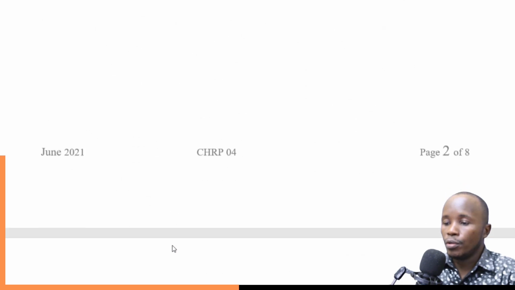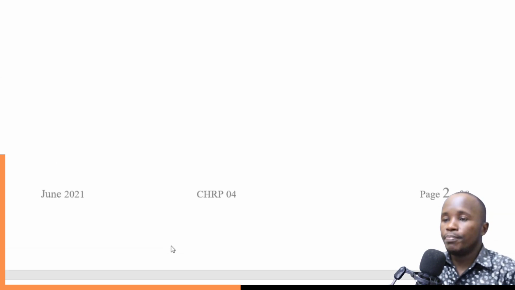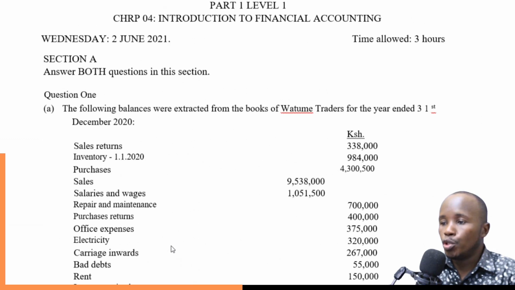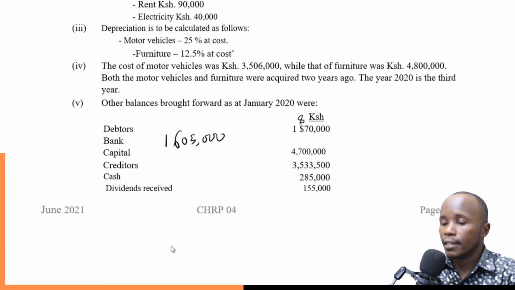We go to our income statement. Now, what is the name of the business? It is called Watume Traders.